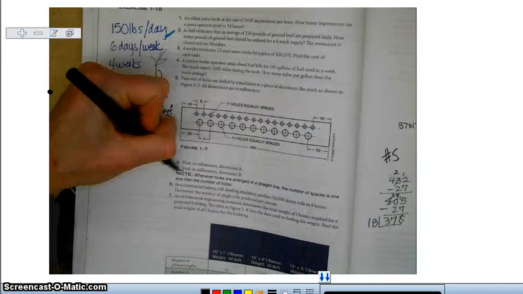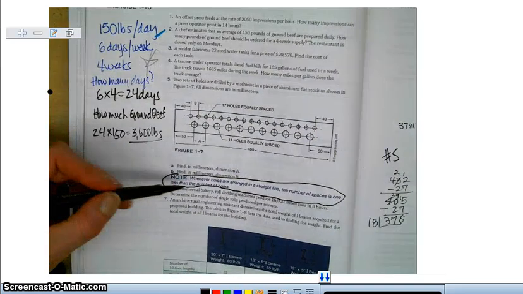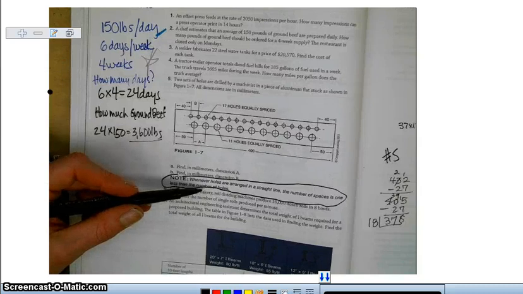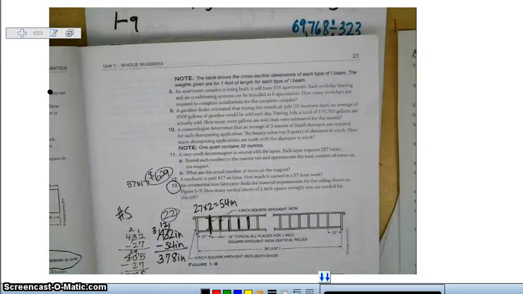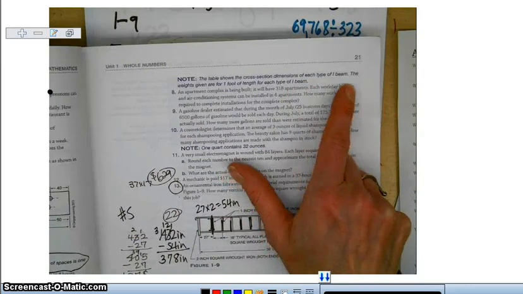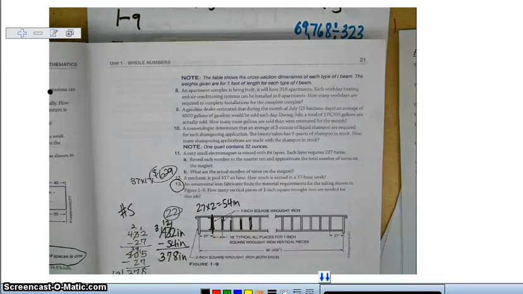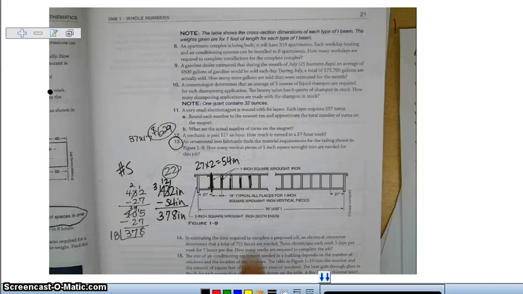It says, whenever the holes are arranged in a straight line, the number of spaces is 1 less than the number of holes. Well, the converse of that, the opposite of that, is there's 1 more hole than there are spaces. So that applies to this.